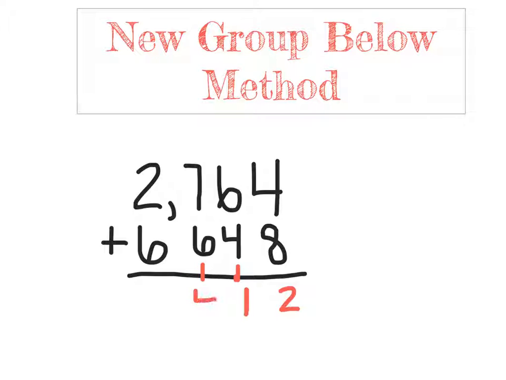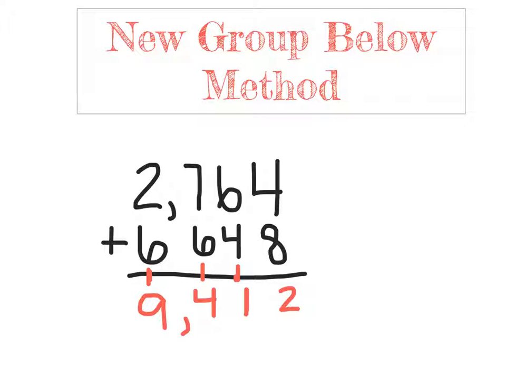So I'm going to write my 4 here, and I just made a new 1,000, which I'm going to put below my thousands place. I'm now going to add 2,000 plus 6,000, which equals 8, and I'm going to add that new one I made, which equals 9.